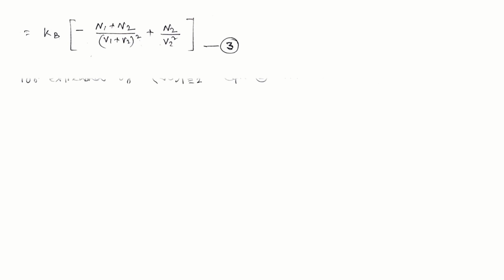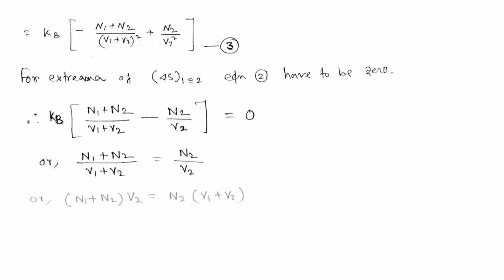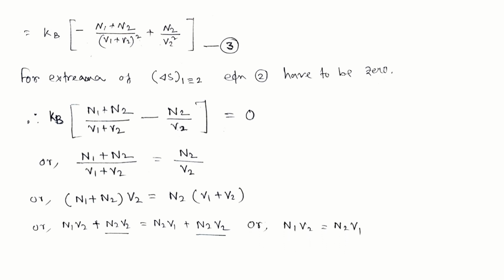So for the extremum case, equation 2 has to be 0. Then we solve by taking the right hand side as 0. When you solve, you will get this equation, and after some simplification, you will obtain that N1 by V1 equals N2 by V2.